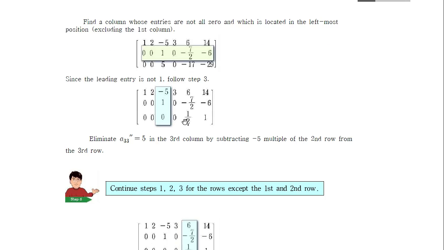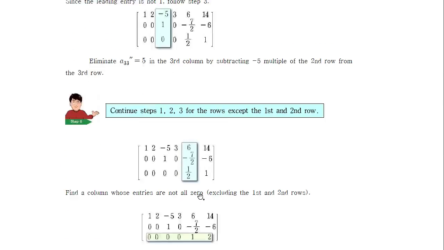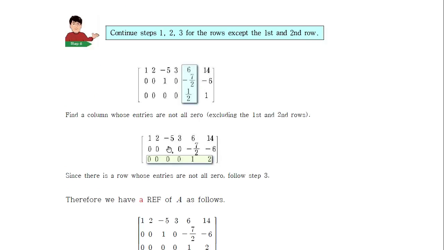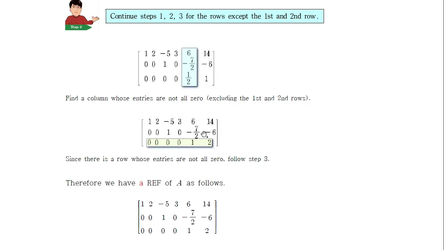Then you multiply 2 on the third row to make it 1 here. Then you have a staircase matrix, and all the leading entries are 1s. So now you have the matrix in row echelon form.